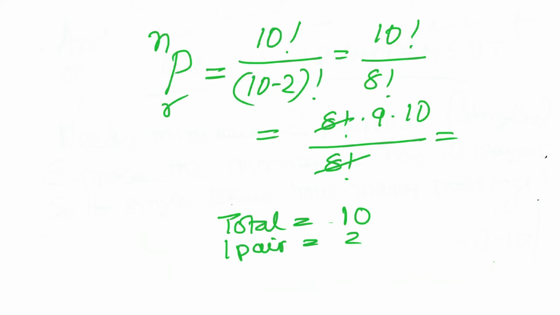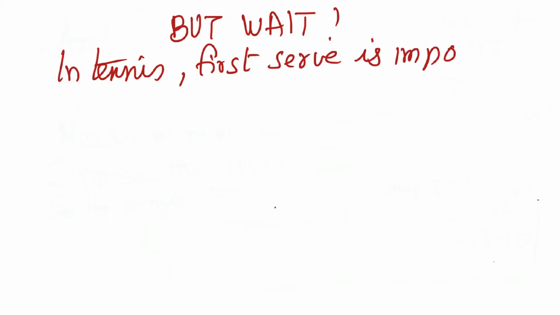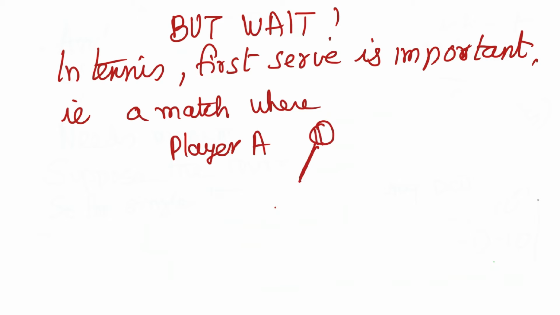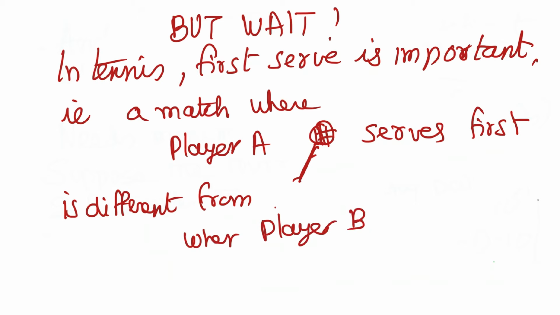But the interesting thing is that when we are saying it's 90 pairings, understand that in singles tennis, the first serve is important. That is, if there are 2 players A and B, if A is given the first serve, then that game is considered distinct from the case where player B is given the first serve, which basically means that in the calculation we have to divide it by 2.